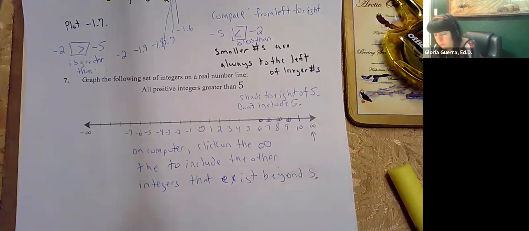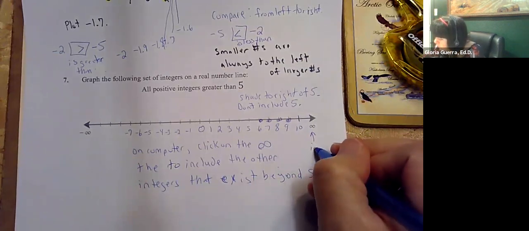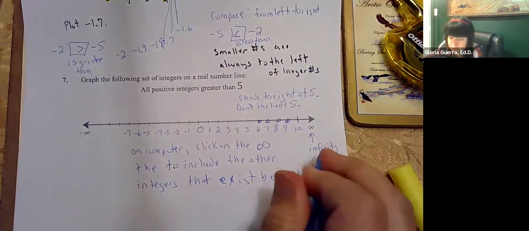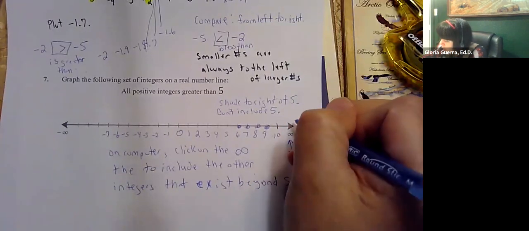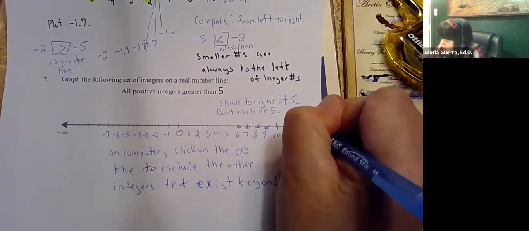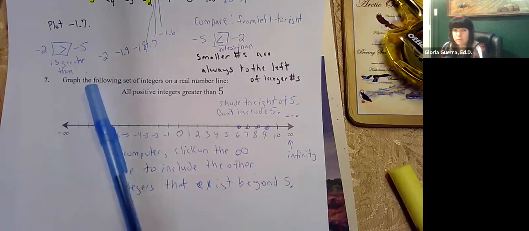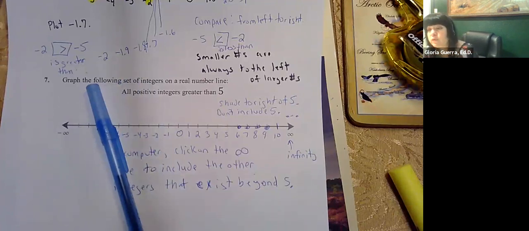And when you click on that infinity symbol, what will happen is these 3 ellipses will appear. Okay, which means that it includes, highlights all the numbers that are greater than 5, the whole numbers and whatnot that are greater than 5, all the numbers that are greater than 5. Okay.